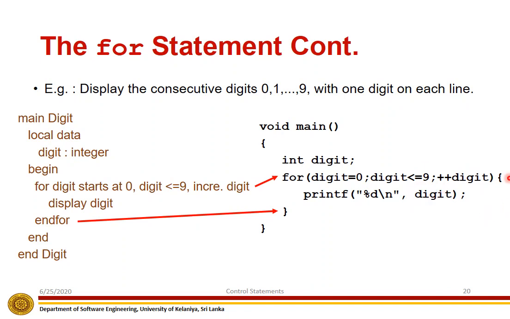This will continue until 9. When digit is equal to 9, it will print the 9. Then update condition, 9 plus 1, 10. 10 is greater than 9, so terminate the for loop. I think now you have got an idea how to use for loops in C programming.